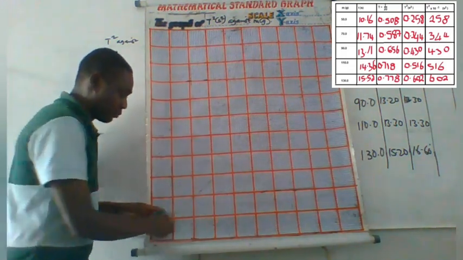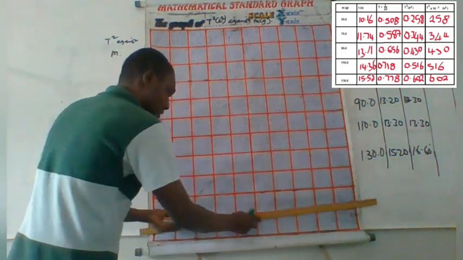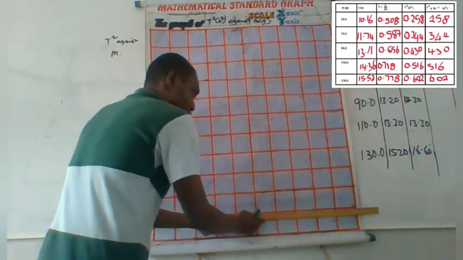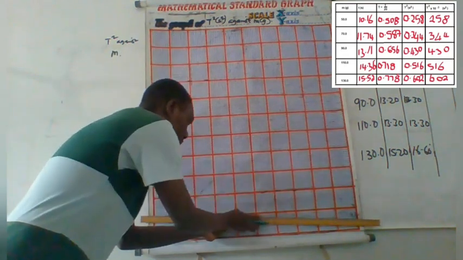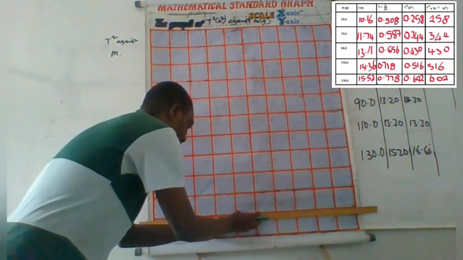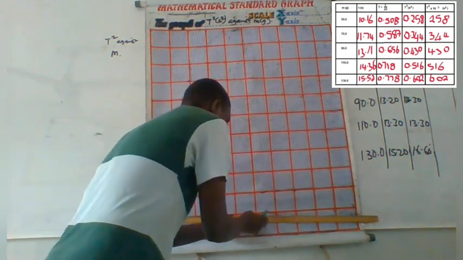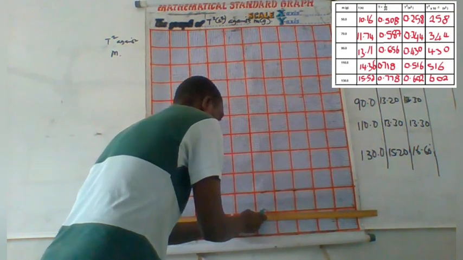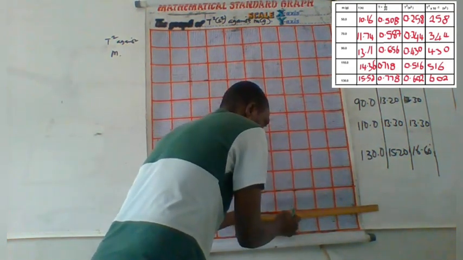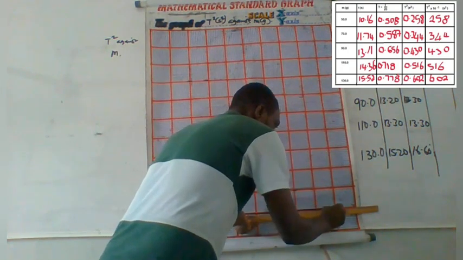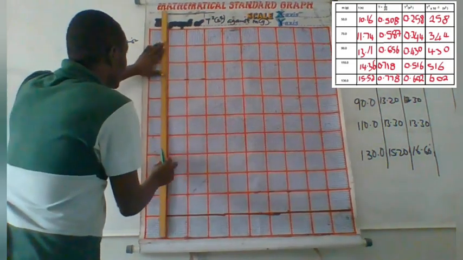So I'm going to start from here and draw my horizontal axis with my ruler. So we are starting both axes from the origin. Okay, so I'm drawing my vertical axis.